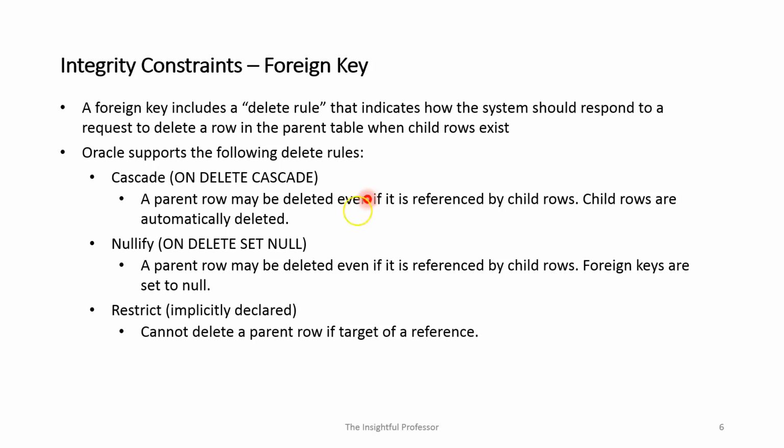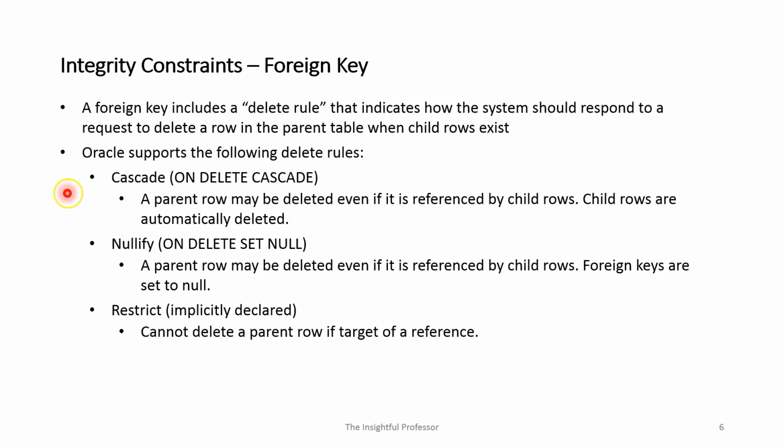So the idea here, going back to this brief description of referential integrity, would be what happens if you try to delete a department which currently has employees who work in the department, hence employee rows who are referencing the row you're trying to delete from the department table. That's where the delete rule comes into play.